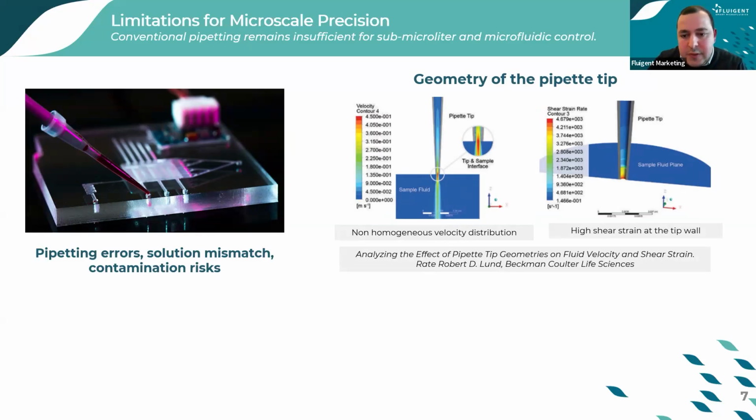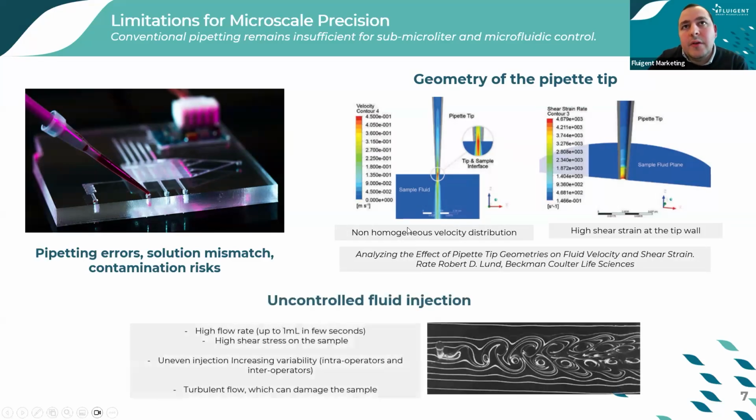cells experiencing fluid flow, organ-on-chip, and droplet generation, where in all these applications we search for precision and reproducibility. As you can see, for example, in the simulation of the pipette tip, we can see a non-homogeneous velocity distribution and a high shear strain at the tip wall, which can produce uncontrolled fluid injection as the flow will be chaotic.